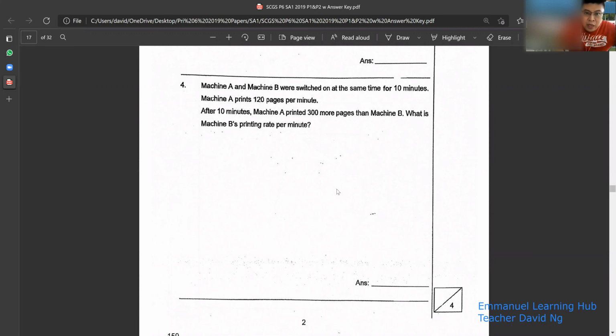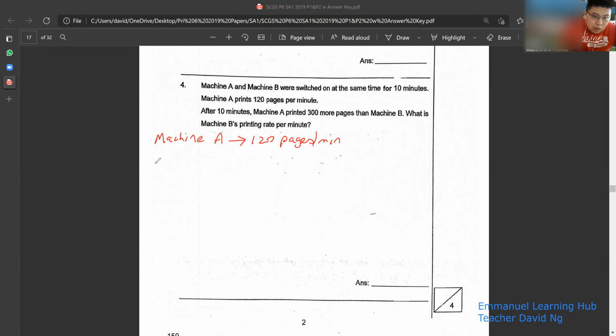So your machine A prints 120 pages per minute. After 10 minutes, machine A prints 300 more pages than B.